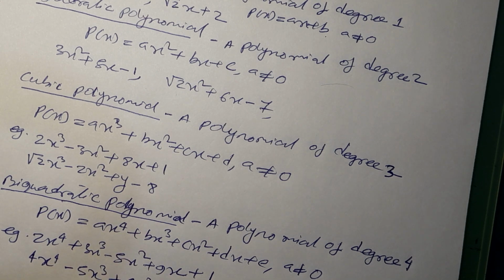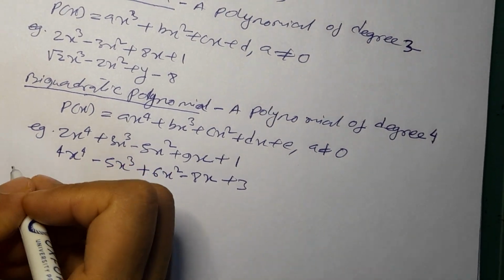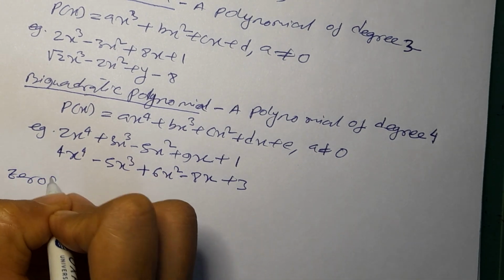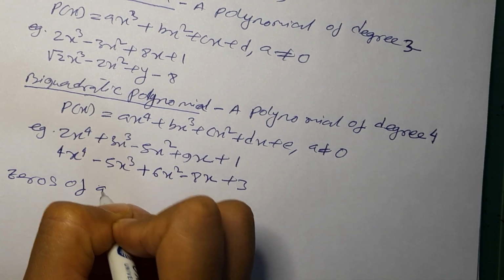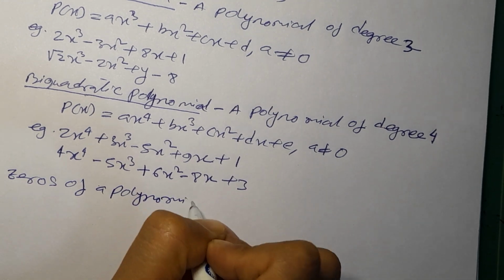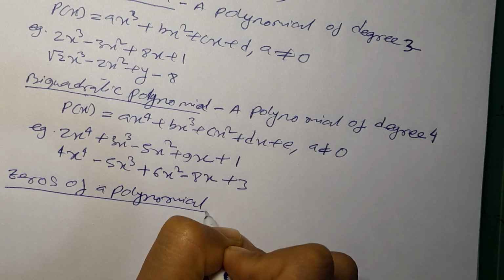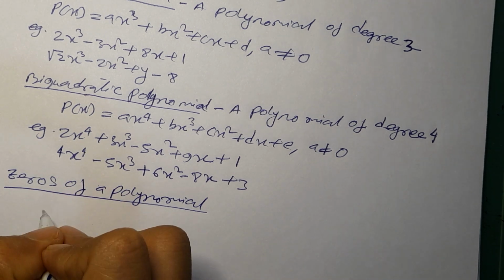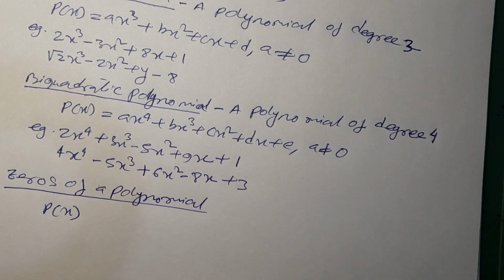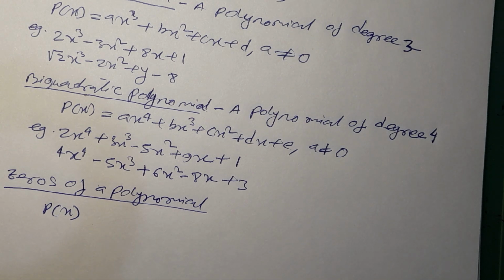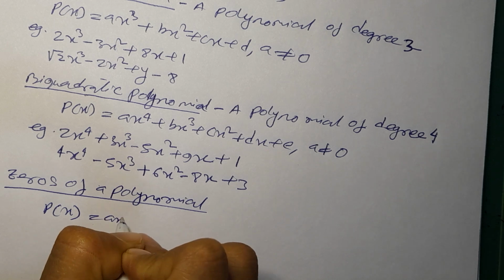Now what is the zeros of a polynomial? Zeros of a polynomial. A polynomial is always written in the form of p of x. Let's say p of x, let us take a linear form, ax plus b.